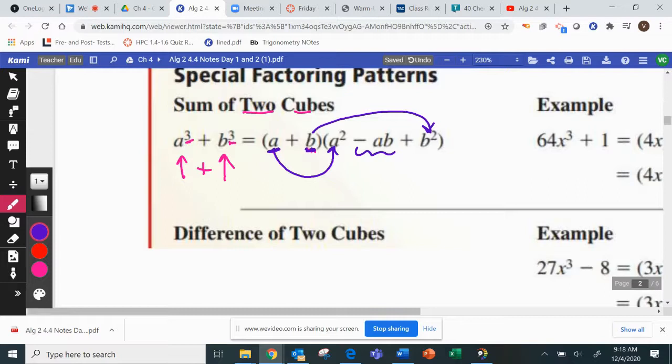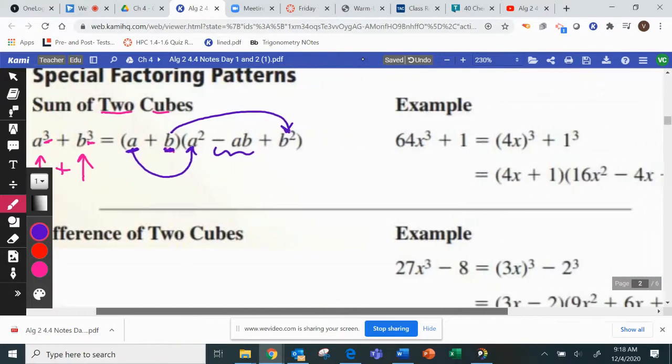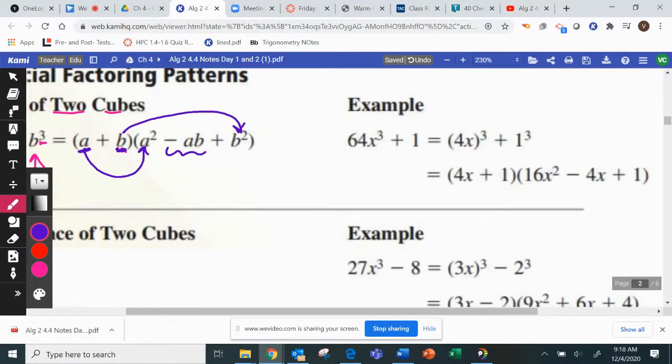So I'm going to show you how that works with this example they have right over here. They have 64x to the third plus 1, and they've changed it to 4x to the third plus 1 to the third, because 4 to the third is 64, and obviously x to the third is x to the third. 1 times 1 times 1 is 1.